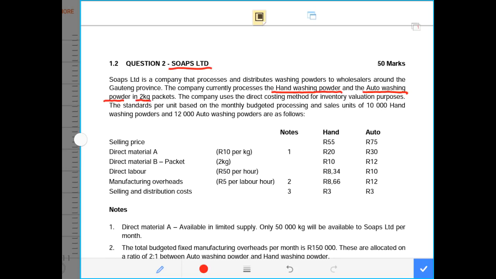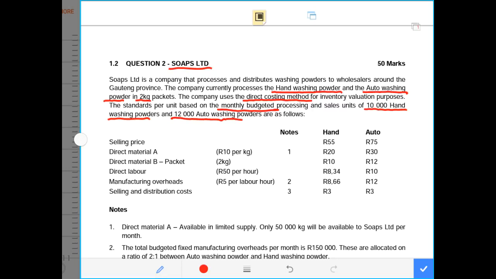Then it says the company uses the direct costing method. Take note of that, the company is using marginal costing for their inventory valuation purposes. The standard per unit, based on the monthly budgeted, take note, based on the monthly budgeted processing and sales units, is 10,000 units of hand washing powder and 12,000 units of auto washing powder.